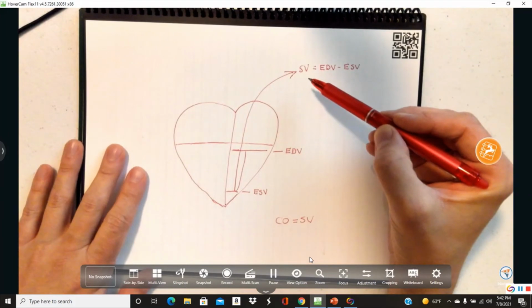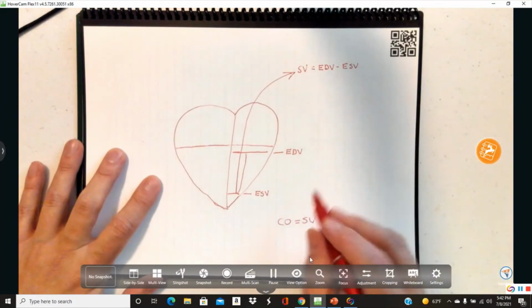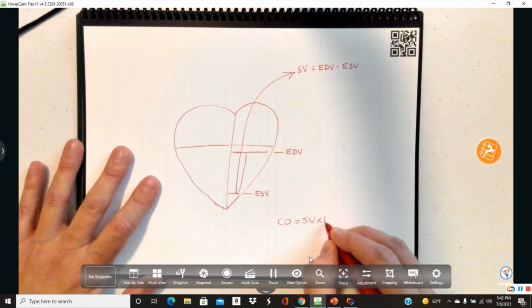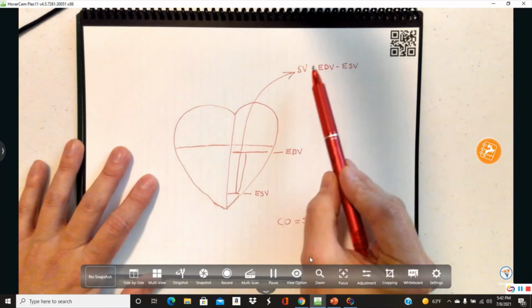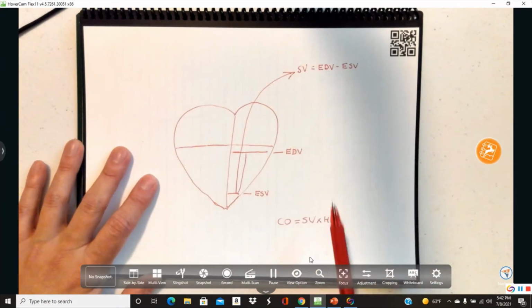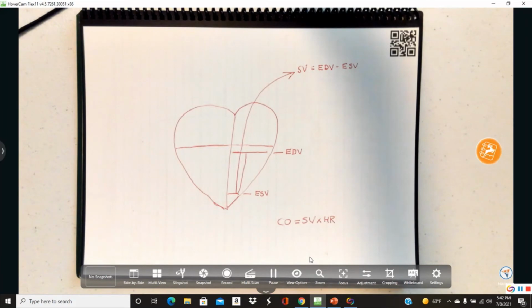Well, there are many heartbeats, like 100,000 heartbeats a day or some more. So obviously, I need to know my heart rate. So if I take one pump and multiply it by how many beats, the cardiac output will tell me how much blood I supply per minute.